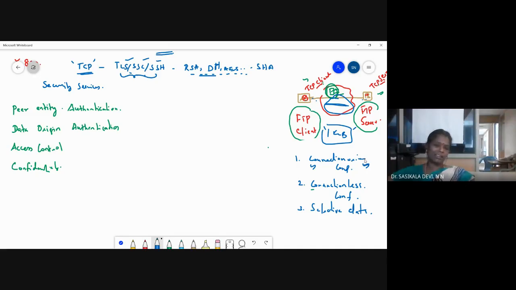Another component is connectionless confidentiality. For example, BitTorrent file transfer, real-time audio applications, or real-time video applications run on top of UDP. Each piece of data is transmitted as a small data block, and that UDP packet alone must be secure.